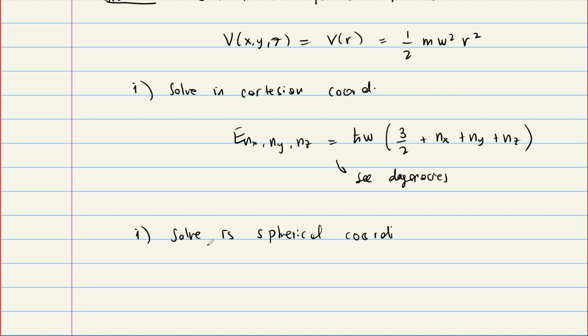And the interesting one is to solve in spherical coordinates, and verify. I'm not sure if this is correct, but I found something like this: E is equal to h bar omega times (3/2 plus L plus 2n). And a nice exercise is to compare the degeneracies of this result with the Cartesian result.